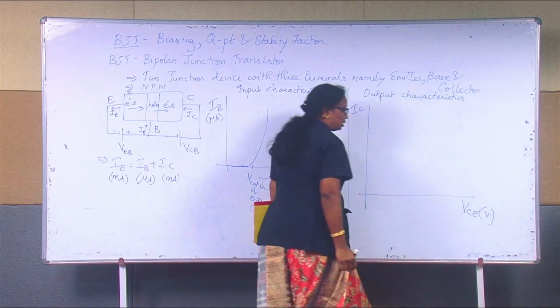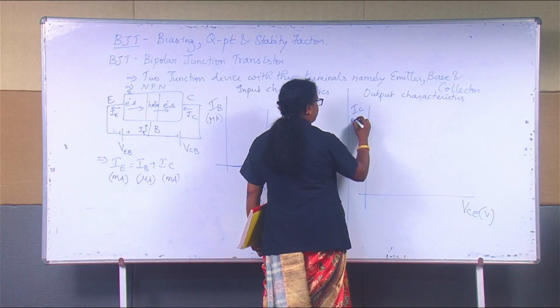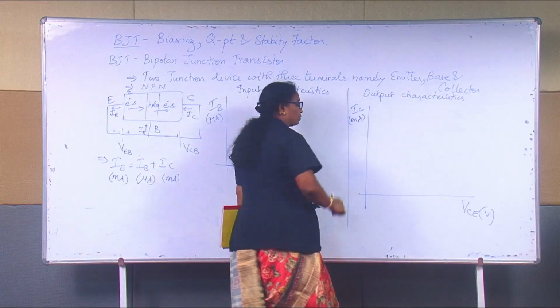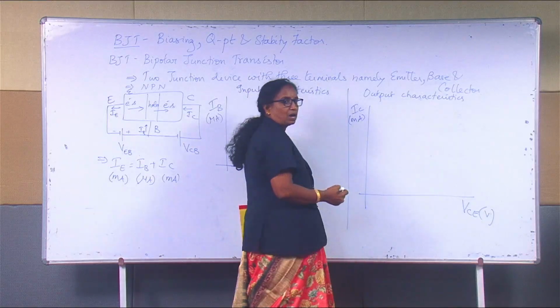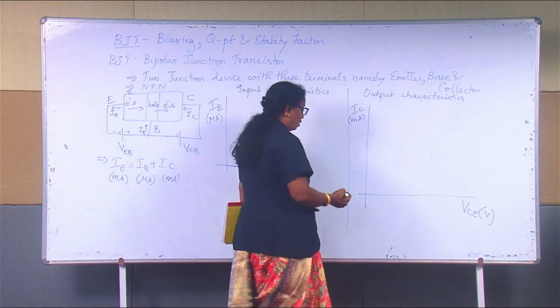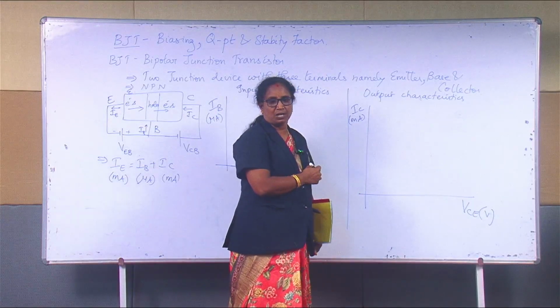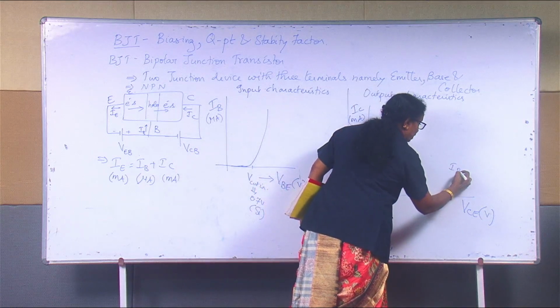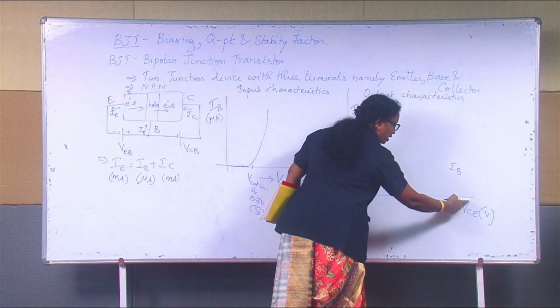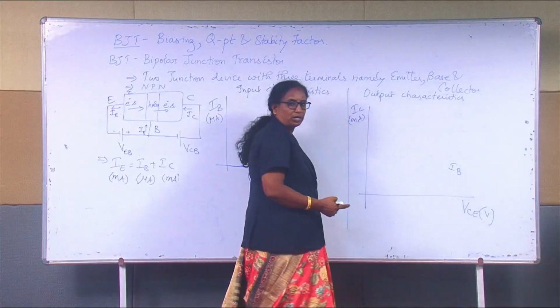Collector to emitter voltage is in the order of volts and collector current is in the order of milliamperes. So this output characteristics has to be found based on the input conditions. For any fixed value of base current, we are going to see the variation of the collector current with respect to collector to emitter voltage.